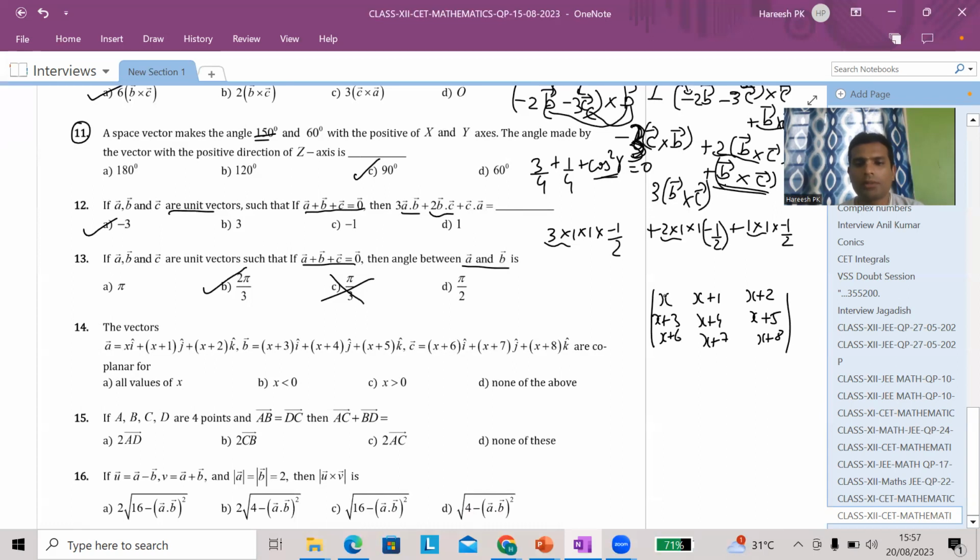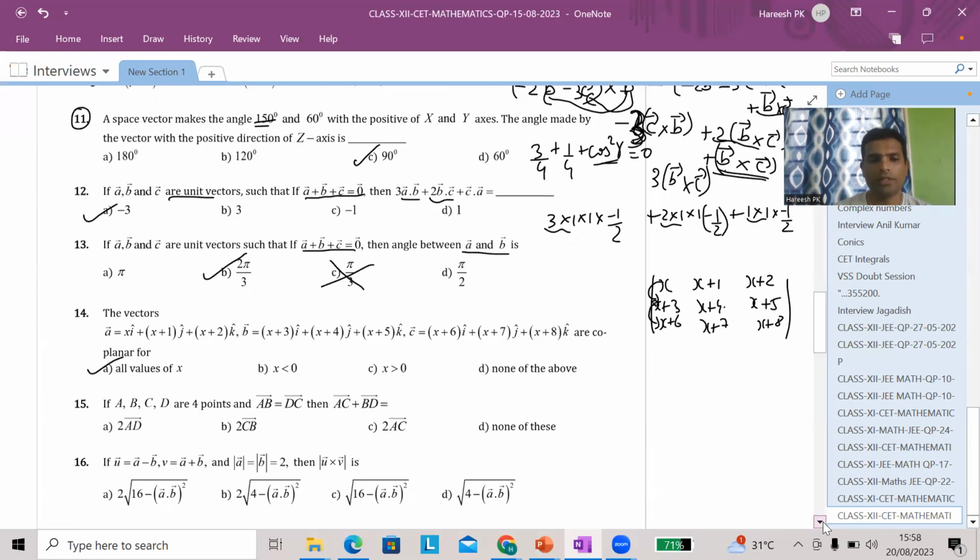Now, when you subtract here, you'll get 3, 3, 3. And when you subtract the second row and third row, again you'll get 3, 3, 3. So when two rows become identical, the determinant is 0. That means irrespective of the value of x, the determinant is 0. So the right answer is it's coplanar for all values of x.